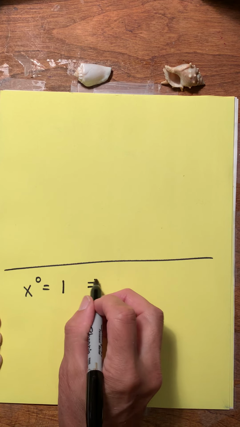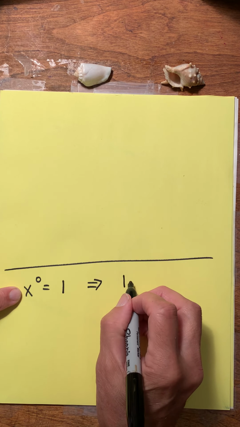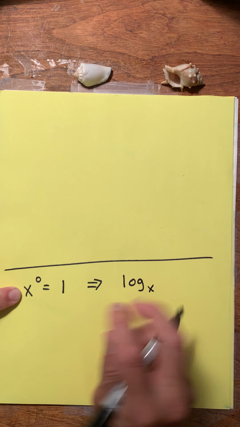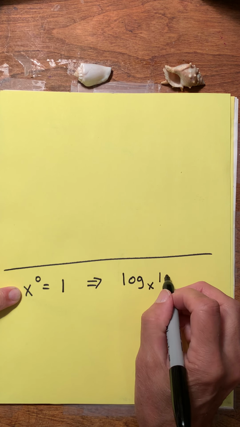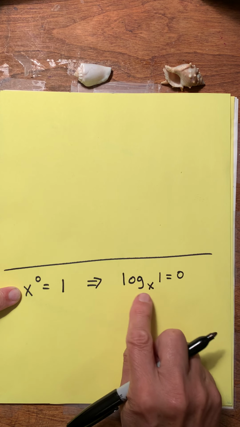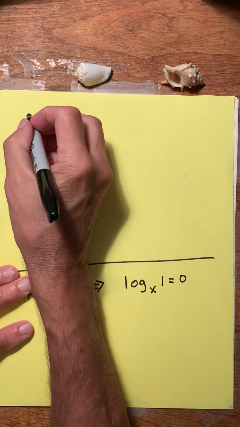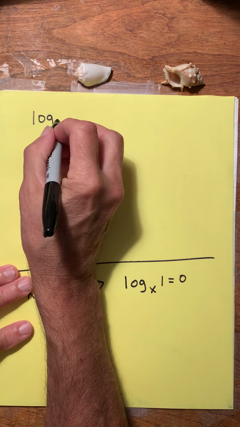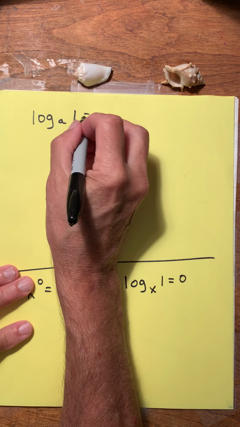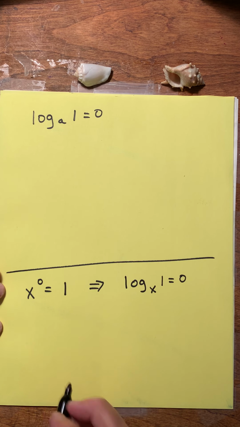So if I were to put that in logarithmic form, it would look like this. The exponent that I raise x to in order to get 1 is 0. So in other words, log base anything of 1 is 0. And I can write it in general. Log base anything of 1 is going to be 0.